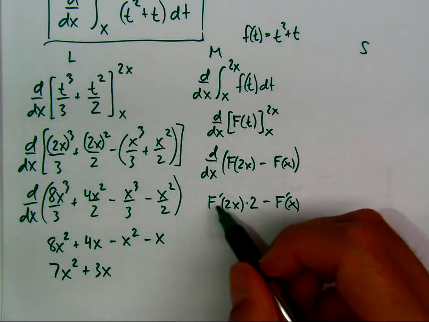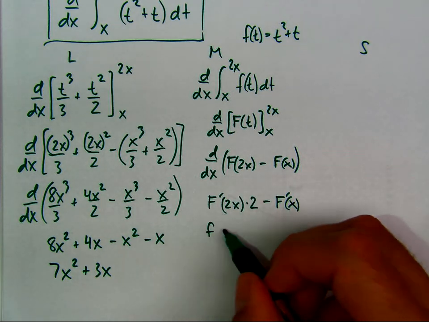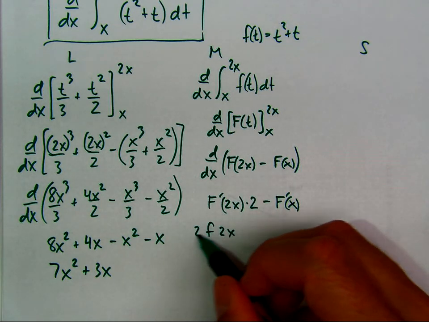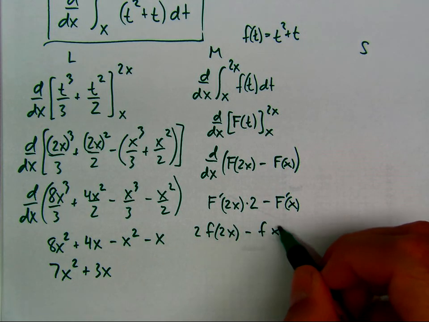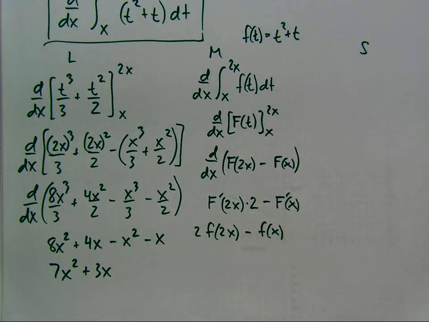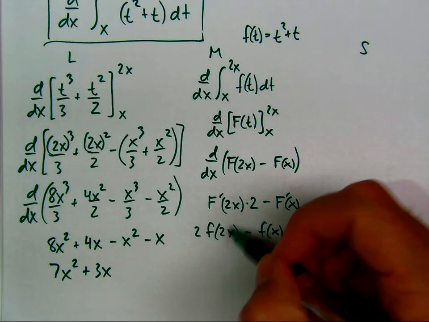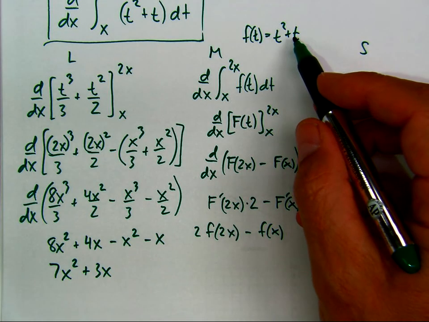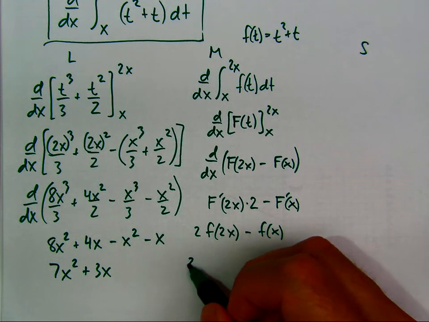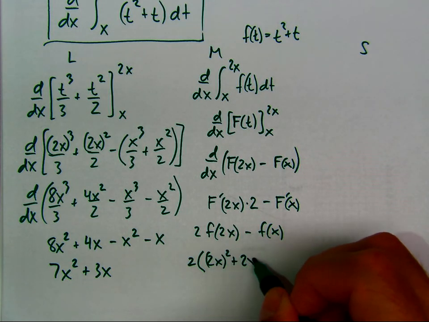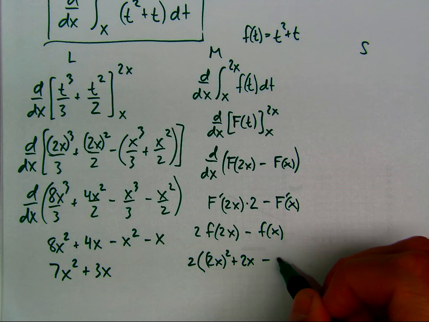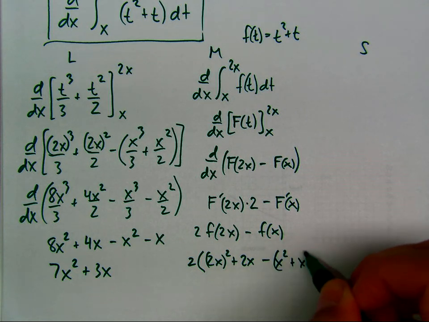Now we have lowercase f of 2x, and this will be lowercase f of x. Then we substitute 2x into lowercase f. So we have 2x squared plus 2x, minus x squared plus x.